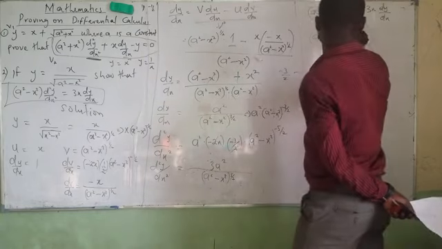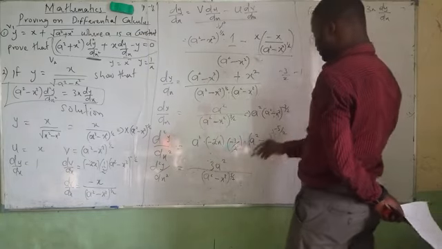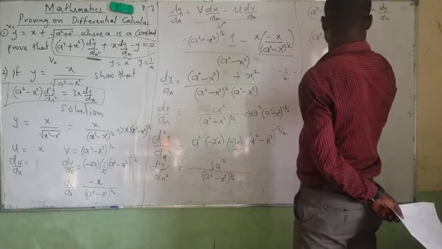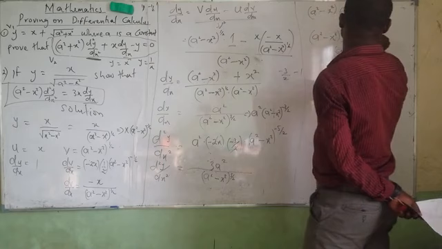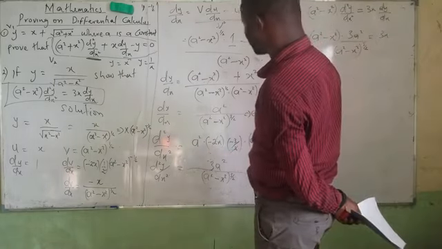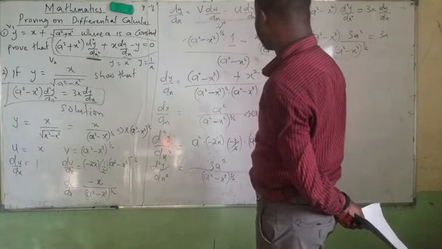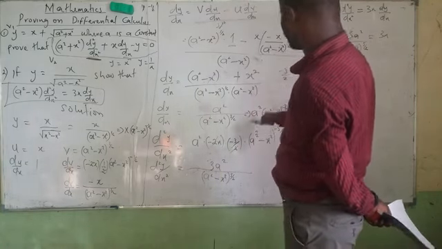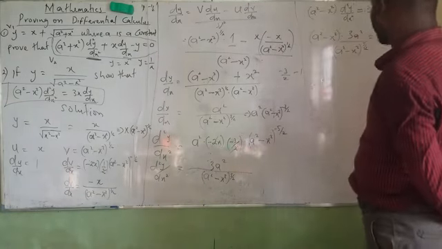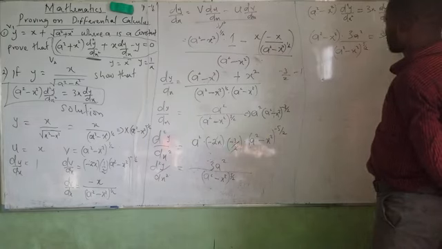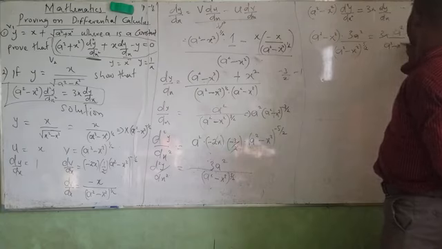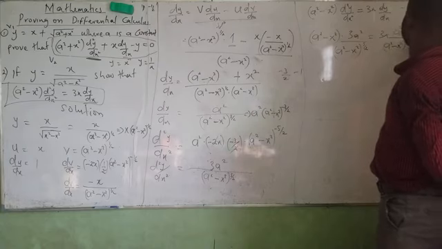This is going to be 3a squared divided by a squared minus x squared bracket of 5 over 2. Can it be equal to 3x and my dy/dx, which is equal to this. Now I'll be having a squared divided by a squared minus x squared bracket of 3 over 2.